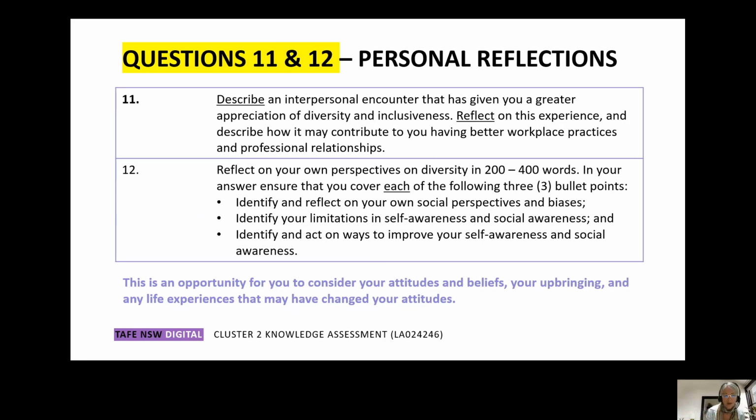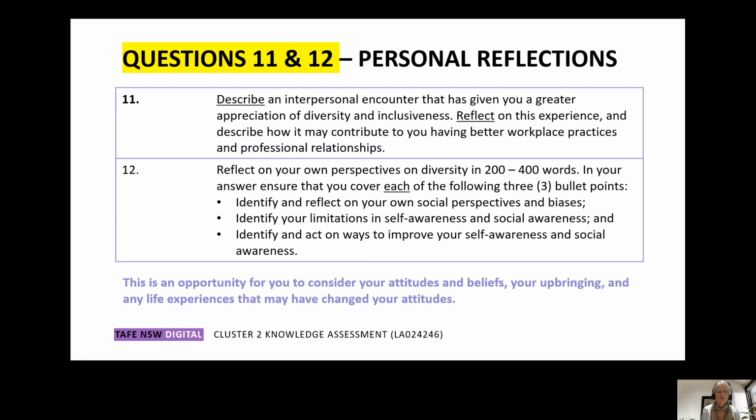And then there's 3 parts to this question. It says identify your limitations in self-awareness and social awareness. So now we're asking you, what's a particular group that you have limited understanding or awareness of? And perhaps you've never experienced anyone from the transgender community, or perhaps you've never met a Japanese person.